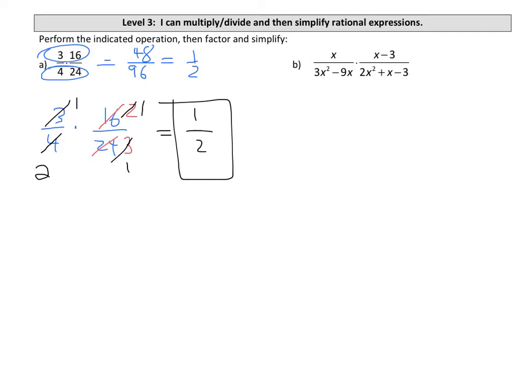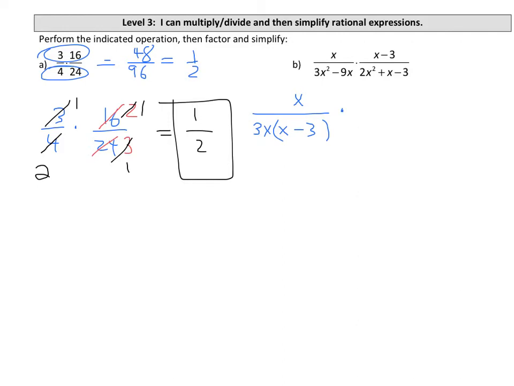First we have to factor. In this first fraction, I can factor out a GCF on the bottom. The top I can't do anything. So I factor out a 3x, and 3x times x gives me 3x squared, and 3x times minus 3 gives me minus 9x. So that's fully factored.